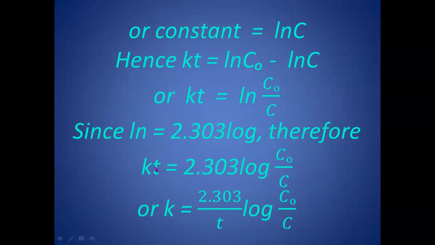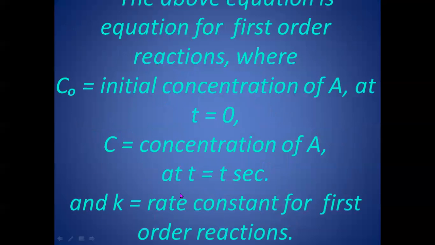Now you can have the equation for rate constant K as, when we send this t to the right side, K is equal to 2.303 by t log C0 by C. Using this equation we can find the rate, and it will be constant. It will be equal to a particular constant called the first order reaction constant.